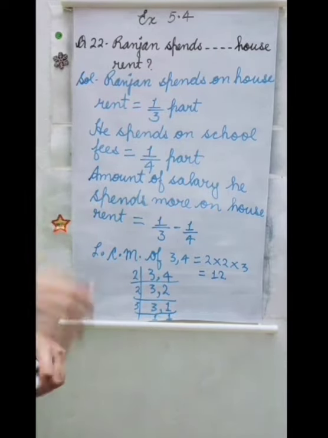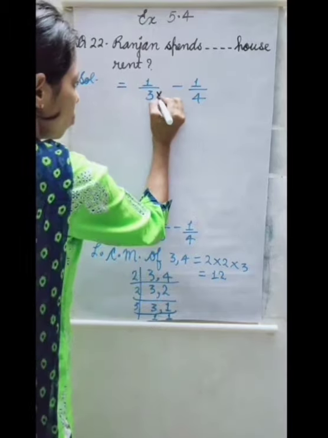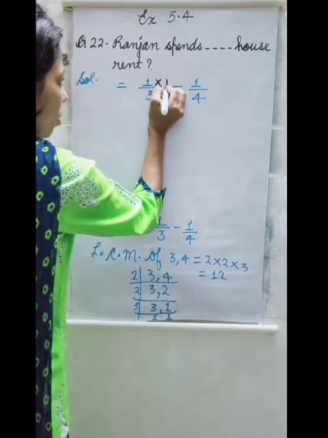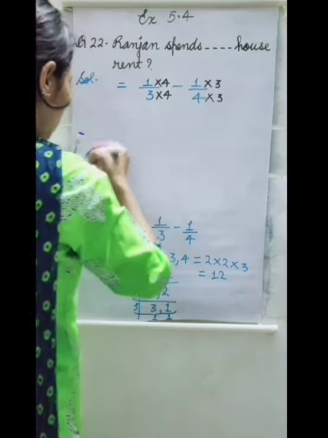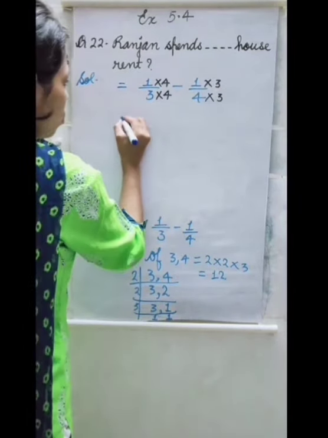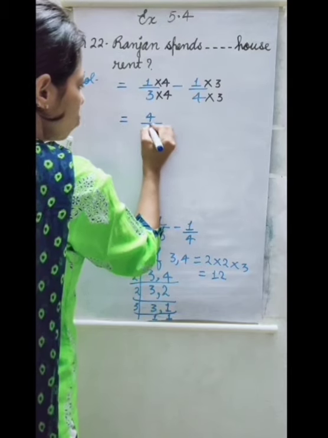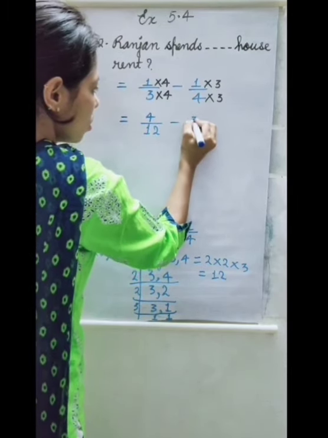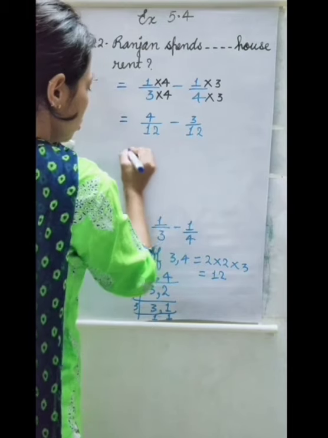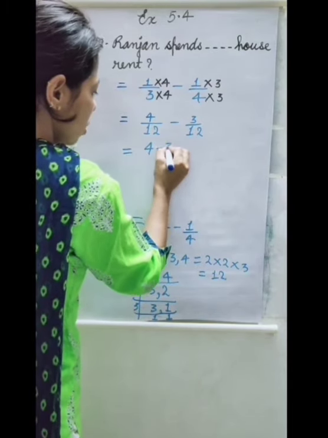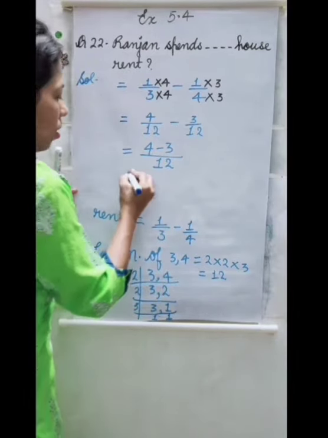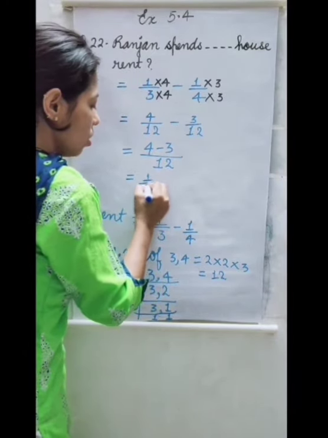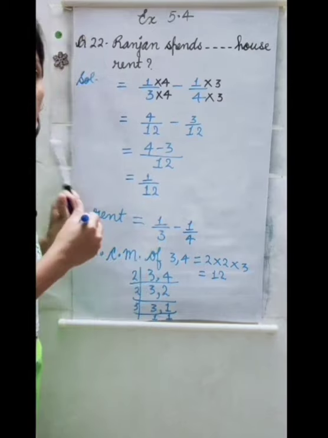1/3 minus 1/4. 3 4s are 12. We will multiply the numerator by the same number. 4 3s are 12, into 3 is equal to, 4 1s are 4, 4 3s are 12, minus 3 1s are 3, 4 3s are 12, equals 4 minus 3. As the denominator is the same we will write it only once: 1/12.